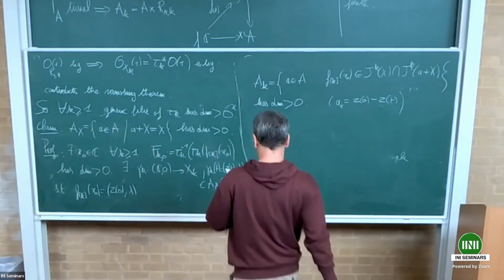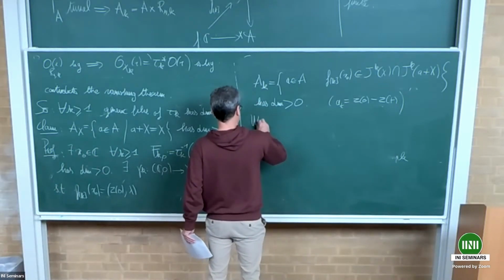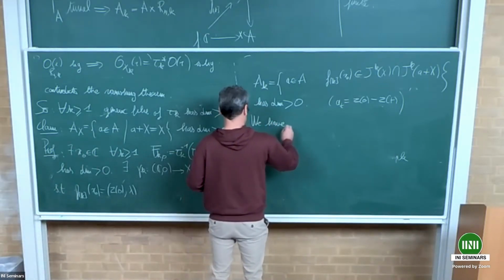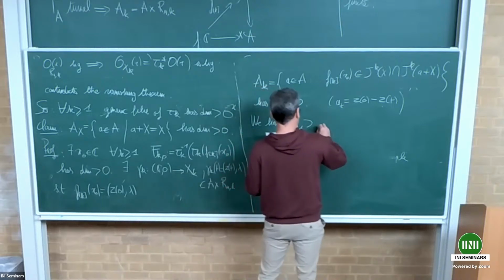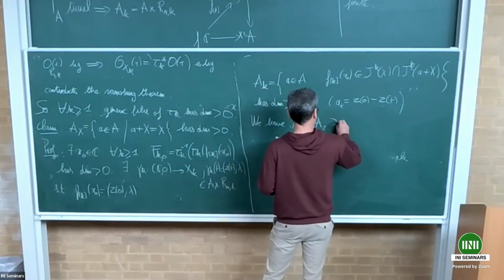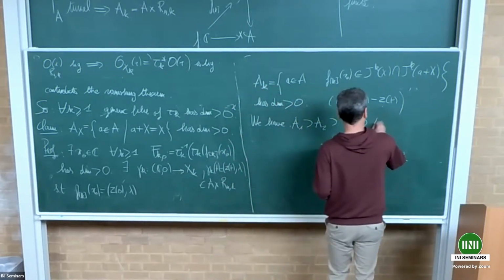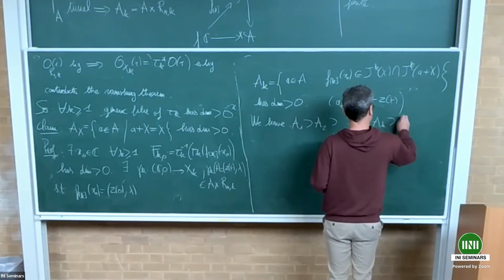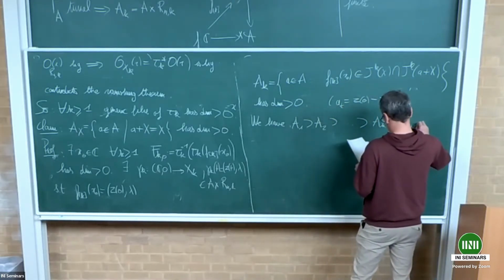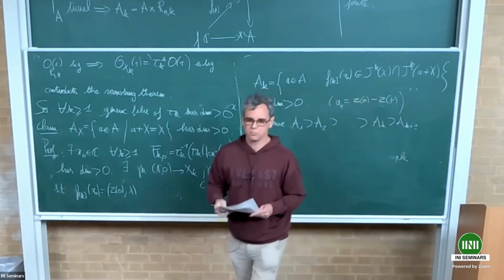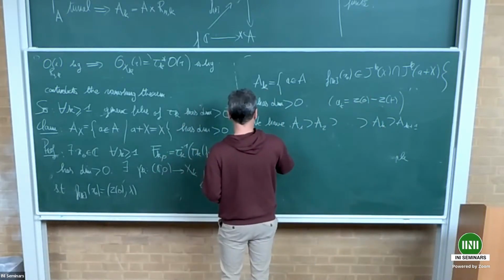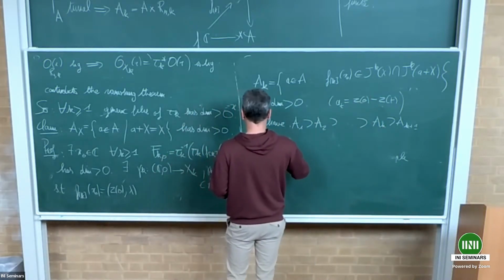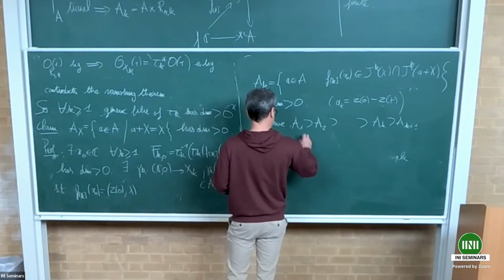But now we have a sequence like this, and so by Noetherianity, it has to stop, right? So there exists certainly an order such that they become equal.